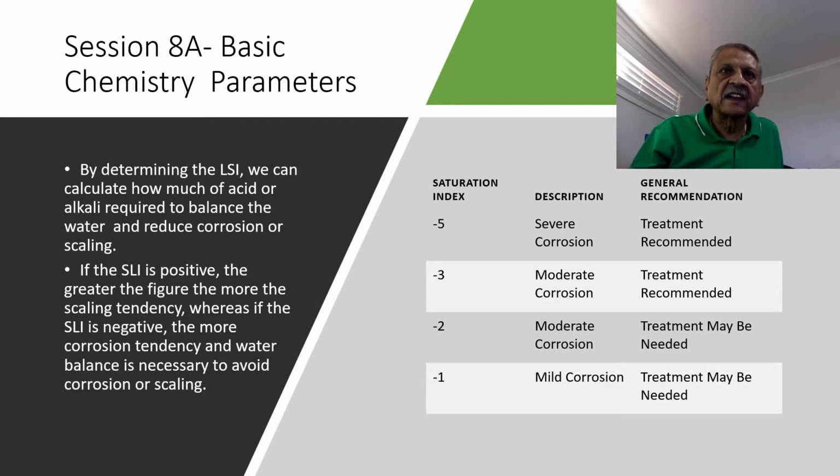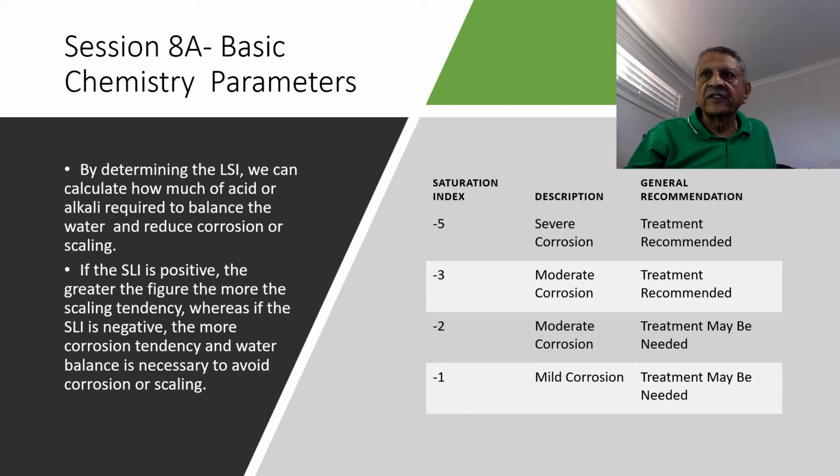If the LSI is positive, the greater the figure, the more the scaling tendency, and if LSI is negative, the water is corrosive and it will start corroding the metals. So you will note that high LSI has a tendency to cause scaling, and low LSI has a tendency to cause corrosion. So we have to balance the LSI to ensure there is no corrosion and there is no scaling.